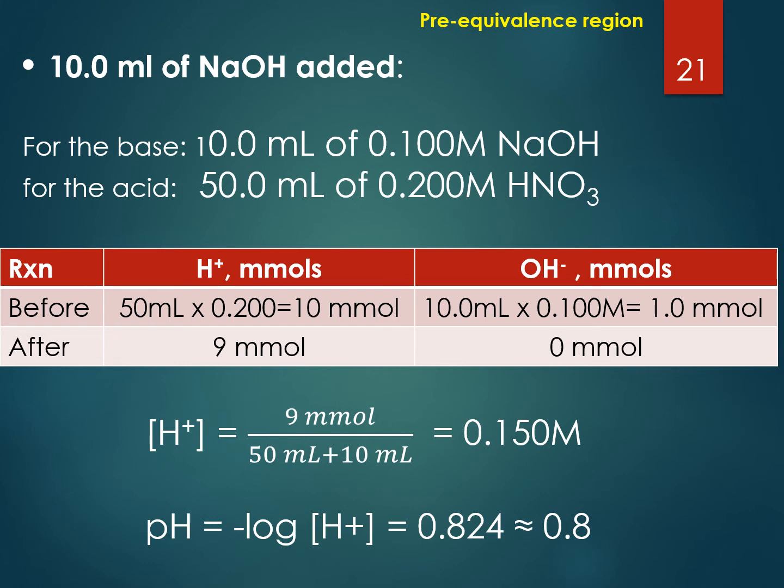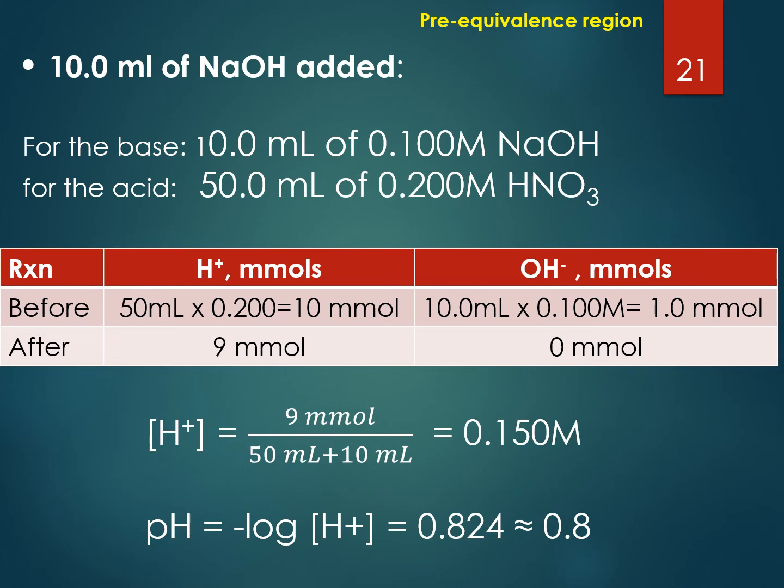Next is when we add 10 ml of our titrant, the zinc hydroxide. We'll use stoichiometry: which one is the limiting and which one is in excess. It will tell us how to go about solving the pH. This is just a simple stoichiometry table.